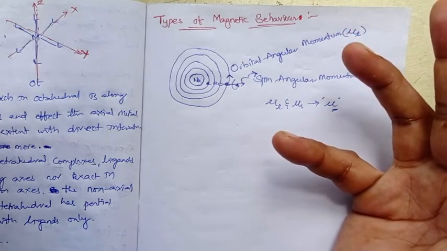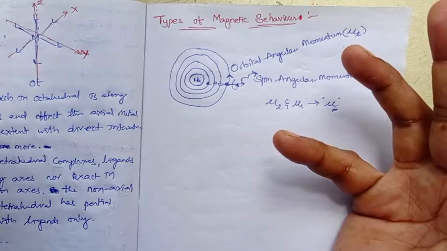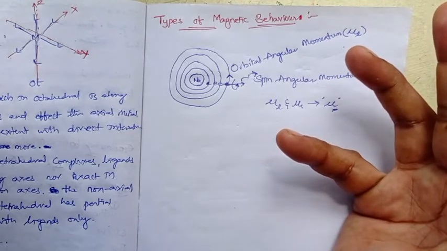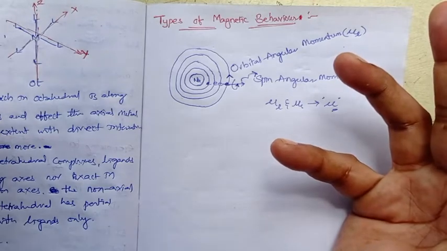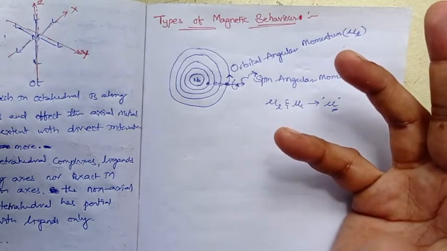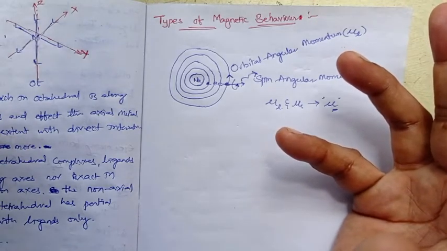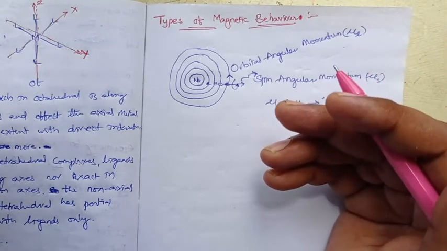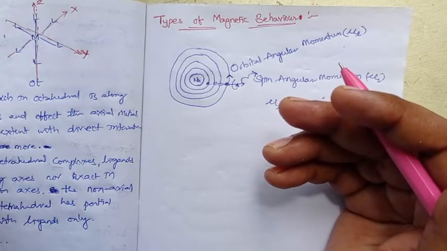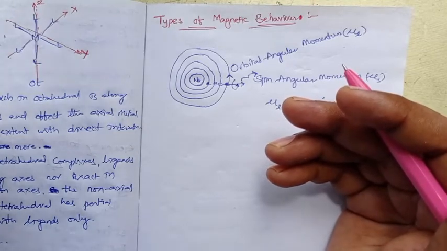When we discuss the magnetic behavior of these substances, we have to go deeper. Substances are made up of molecules, molecules are made up of atoms, and atoms have primary particles, where the electron has the motions of certain orbital angular momentum and spin angular momentum.